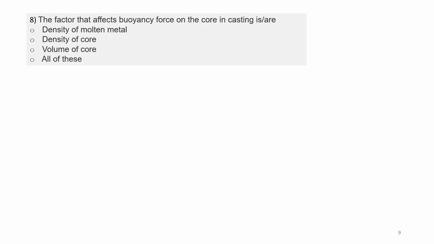Next is the factor which affects buoyancy force on the core in casting. Your options are density of molten metal, density of core, or volume of core, or all of these. The answer will be all of these.